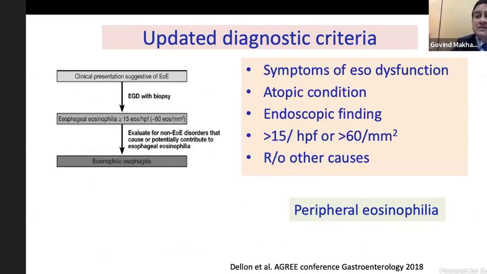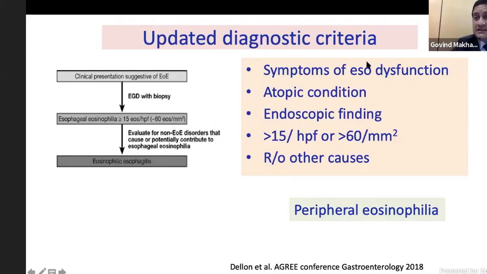So how do we make a diagnosis? The diagnostic hallmark is that if you think of this condition, again, how do I think? High degree of suspicion, or if you have a classical lesion, you do biopsy. On biopsy, you find more than 15 eosinophils per high power field, or more than 60 per millimeter square of biopsy. You can make a diagnosis of eosinophilic esophagitis.